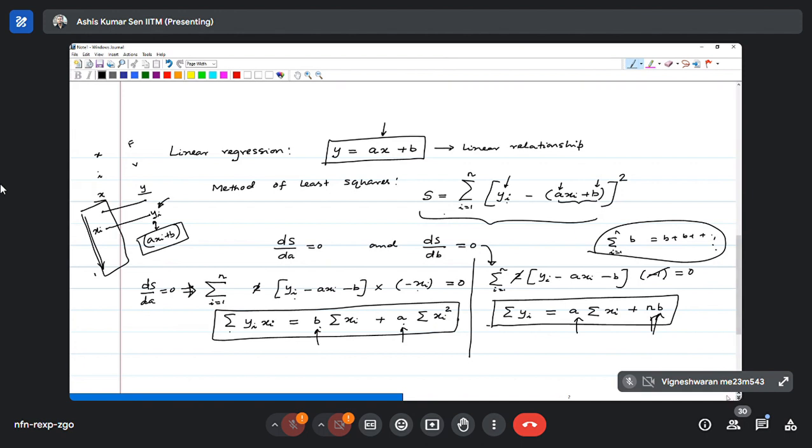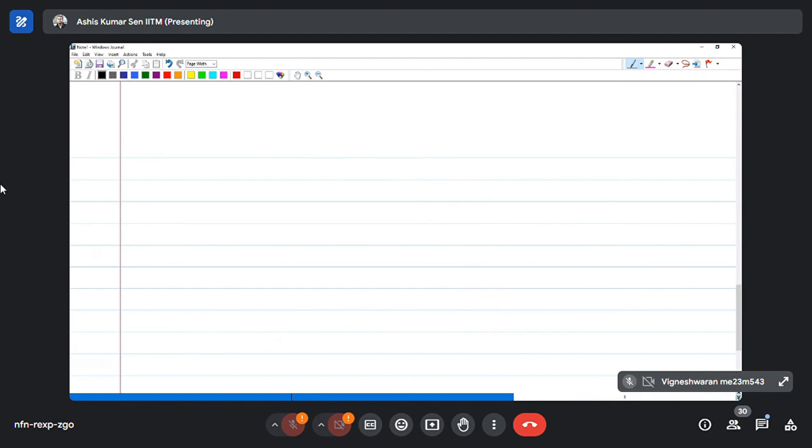So we are going to get a as n sum xi yi minus sum xi into sum yi divided by n sum xi square minus sum xi whole square. So this is going to be your a.